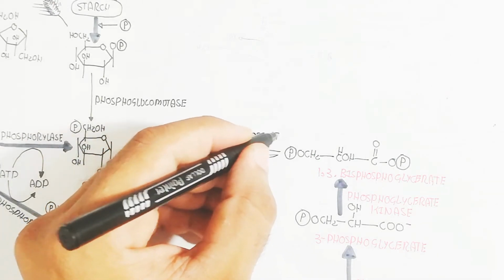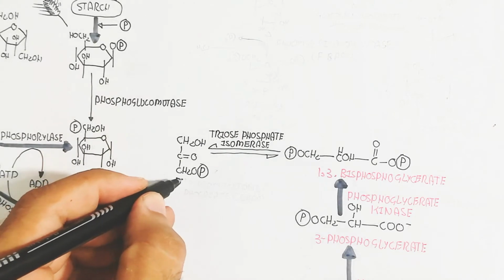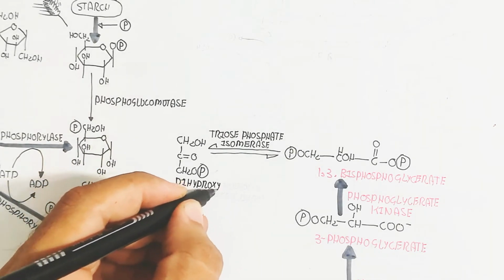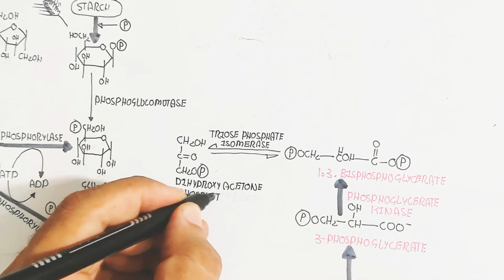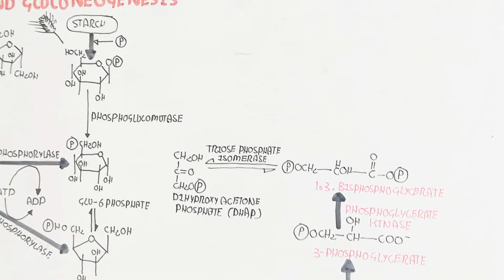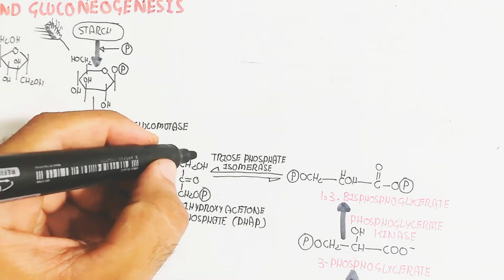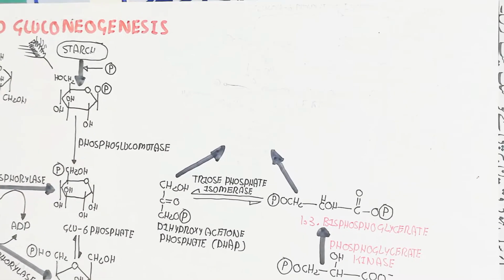So in this way, the triose phosphate isomerase enzyme is used to produce dihydroxyacetone phosphate, DHAP. This dihydroxyacetone is basically similar after the splitting in the presence of the aldolase enzyme, but the reaction is the same going in reverse.